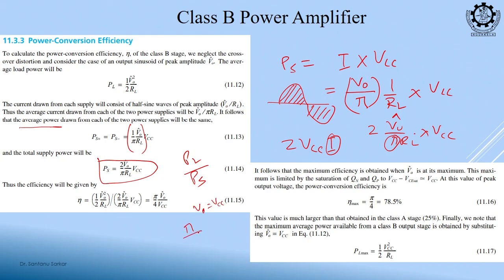So whatever maximum efficiency you are getting is pi by 4, calculated percentage-wise roughly 78.5%. Previously it was less than 25%, you have improved up to 78.5%. How did you do that? By turning the transistor off for half of the cycle.